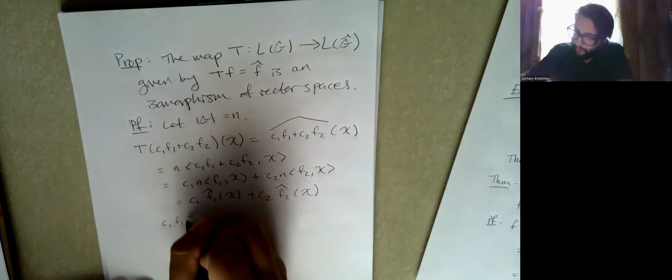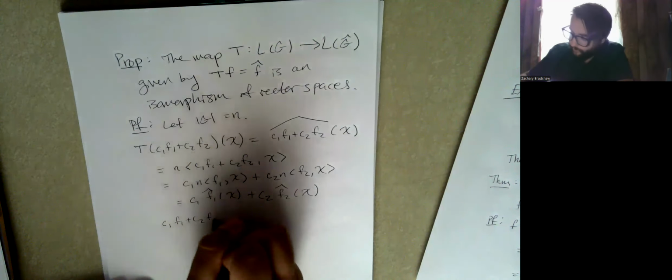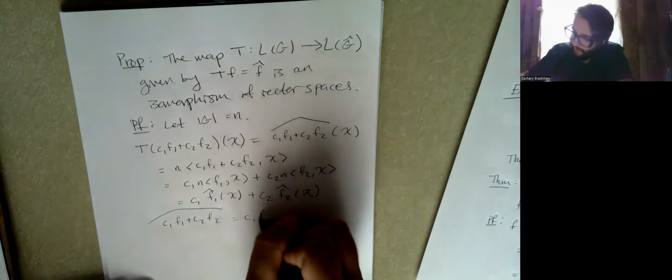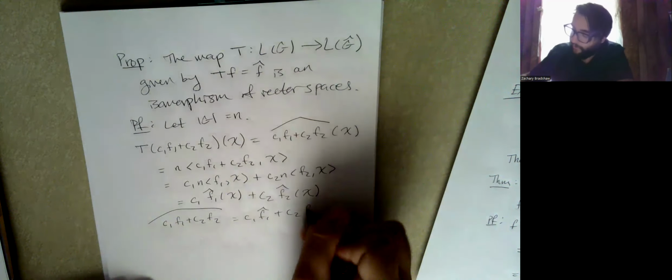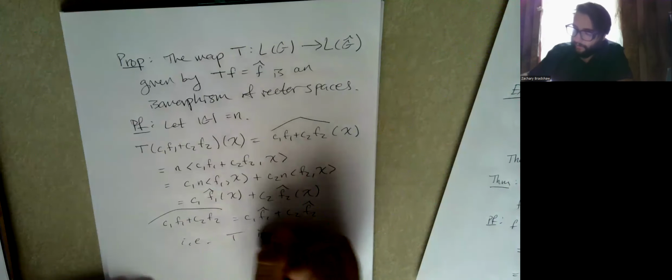And so what we have is that the Fourier transform of c1 f1 plus c2 f2 is equal to c1 times the Fourier transform of f1 plus c2 times the Fourier transform of f2, i.e. T is linear.